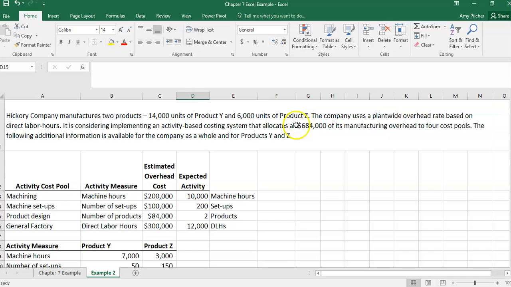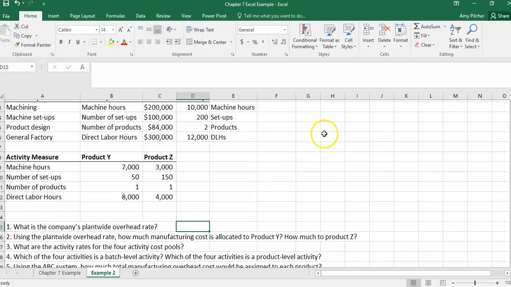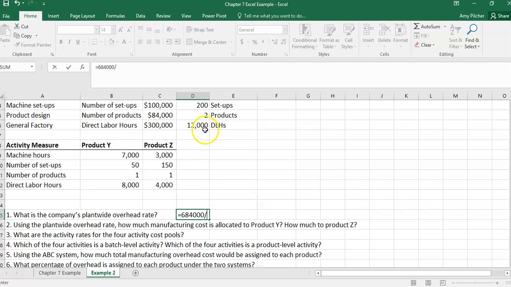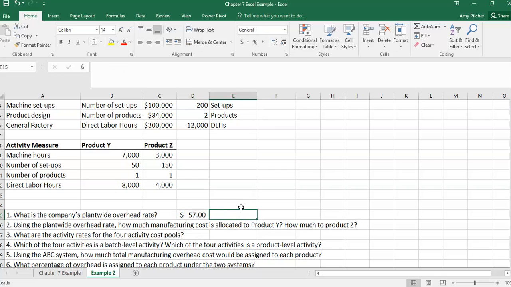We have total overhead of $684,000. We allocate that based on direct labor hours. So our total plant-wide rate is 684,000 divided by the total number of direct labor hours we have of 12,000, or $57 per direct labor hour. That's our plant-wide rate.